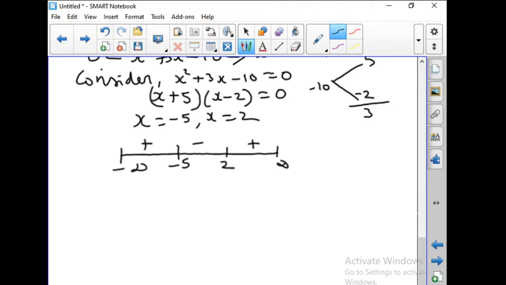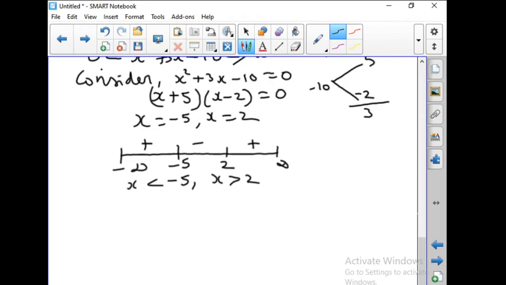But what we have seen in the beginning, x is greater than or equal to minus 14 and x is greater than or equal to minus 2. So here we have x is less than minus 5 and x is greater than 2. x is less than minus 5, because when you substitute here, you will be able to see that.